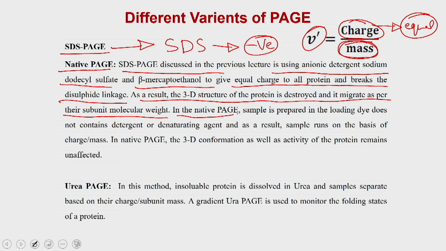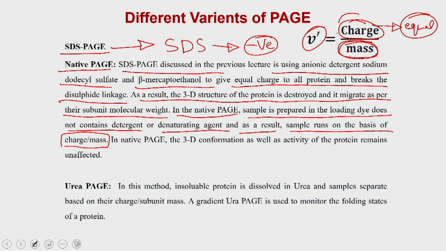Whereas in native PAGE, the sample is prepared in the loading dye, which does not contain detergent or denaturing agent, and as a result the sample runs on the basis of charge by mass, which means the electrophoretic mobility. All the proteins are going to have different types of charges, either positive or negative, and they are also going to have different masses.